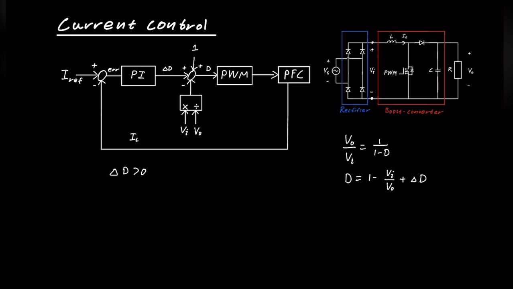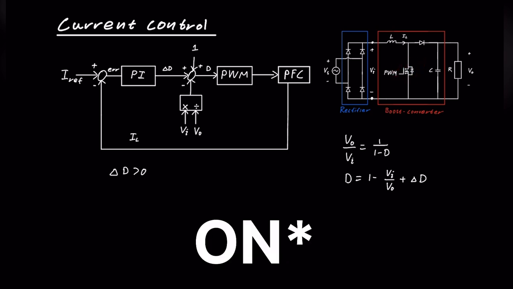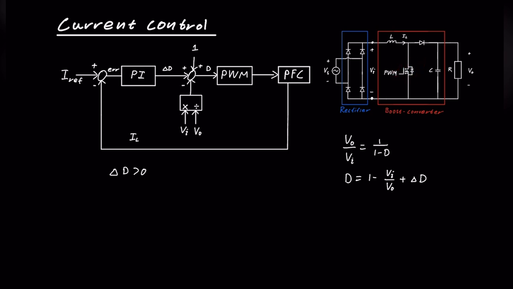Now, if the duty cycle was 1, the MOSFET would always be open, which means that the voltage over the inductor would be equal to VI, which is positive, which means that the current is increasing.